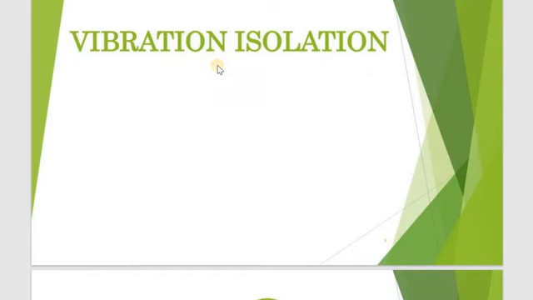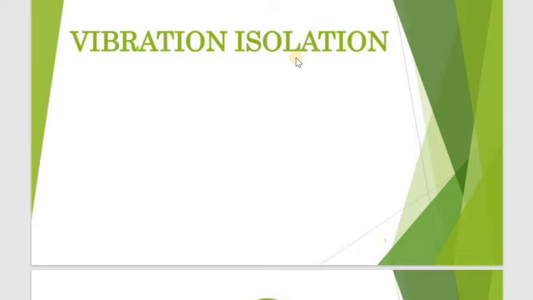The next topic in this second module is vibration isolation. That is a very important concept that you need to understand when you are practicing as an engineer also. What is isolation? Vibration isolation means the way in which I can isolate a building or a structure or a machinery from excessive vibration of the ground.